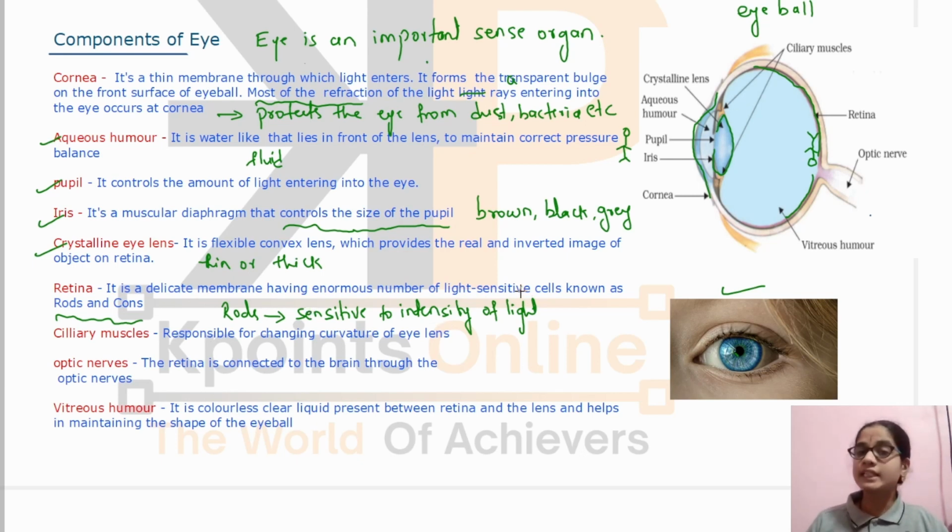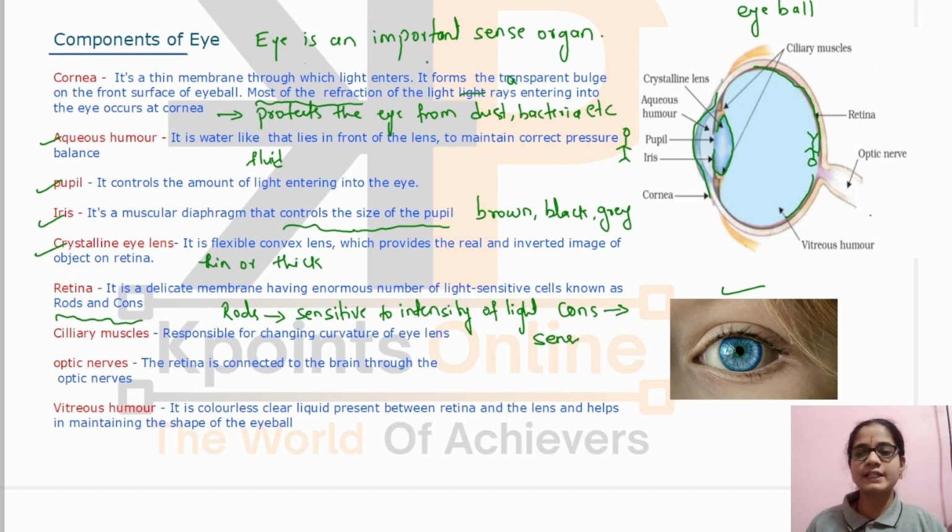You might have seen that we are able to see objects even in dim light. How does this happen? Because of the presence of these rod cells. And also we are able to see objects of different colors. It is due to the presence of cone cells.